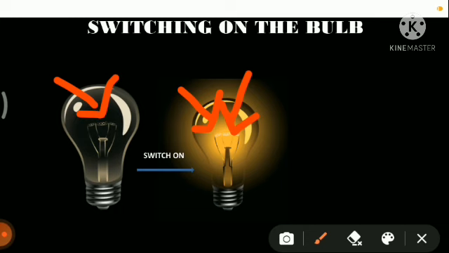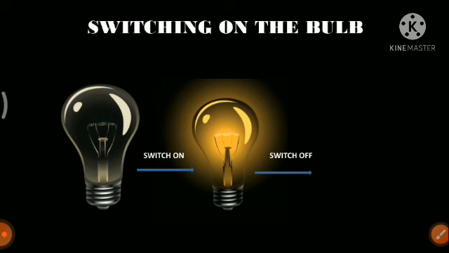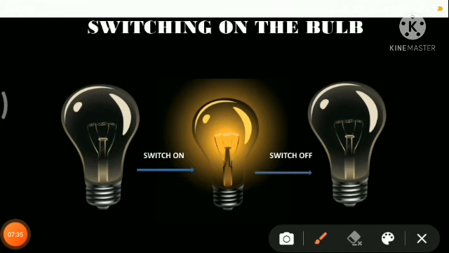Now we will try to see if the change is reversible. We will simply switch off the electricity and see what happens to the bulb. So the bulb stops glowing and returns to its original state.